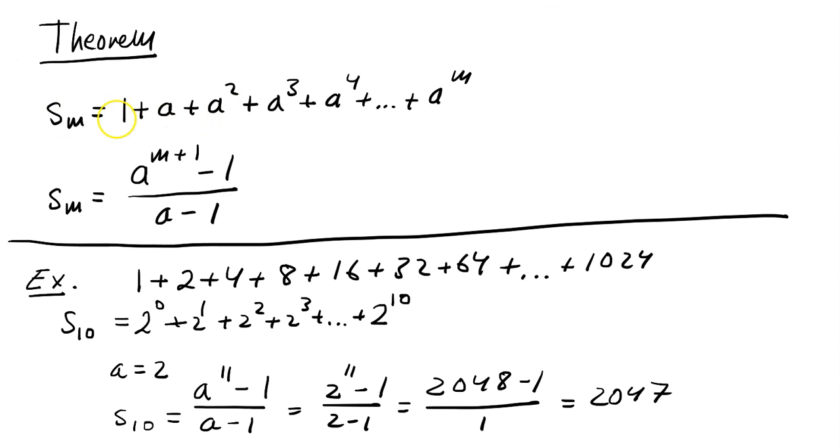Now we will prove the theorem, that is, that this sum here is given by this explicit formula. Okay, so let's just write down what sum we have: 1 plus a, plus a squared, and so on, up to a to the m.